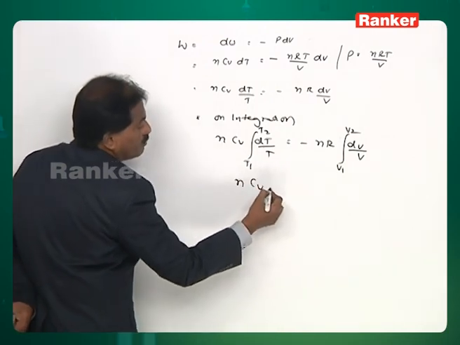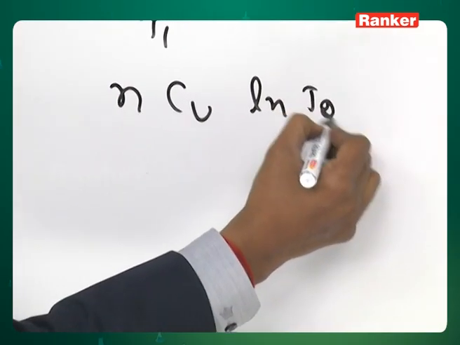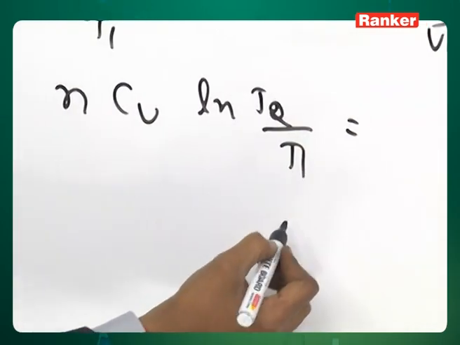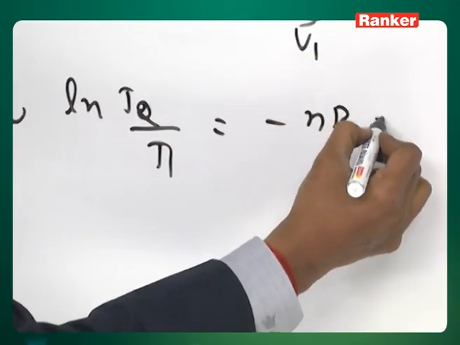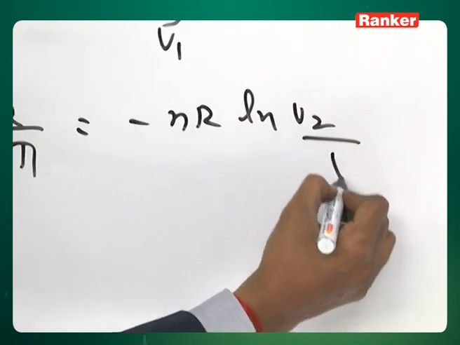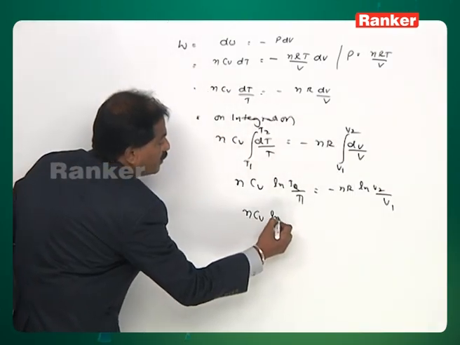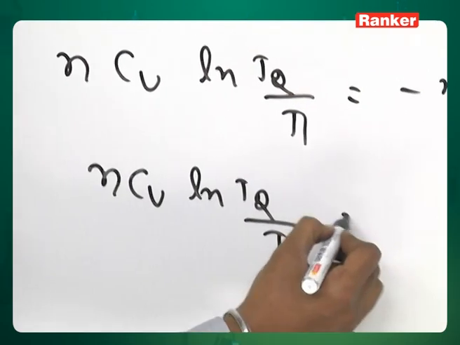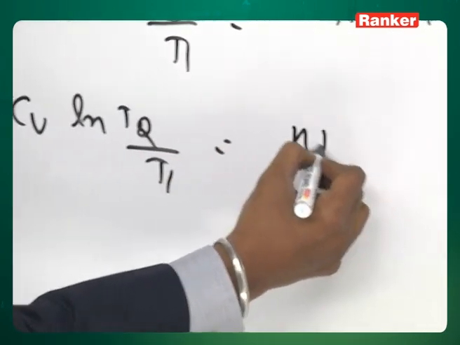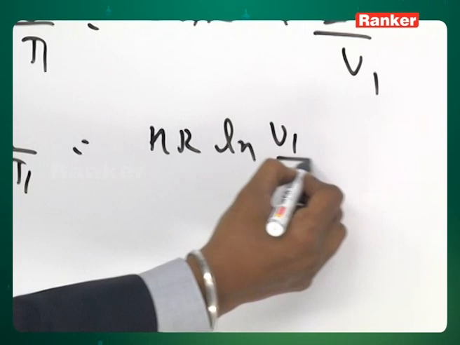Therefore, nCv ln T2 by T1 is equal to minus nR ln V2 by V1. Next, nCv ln T2 by T1 is equal to nR ln V1 by V2. I have inverted the expression.